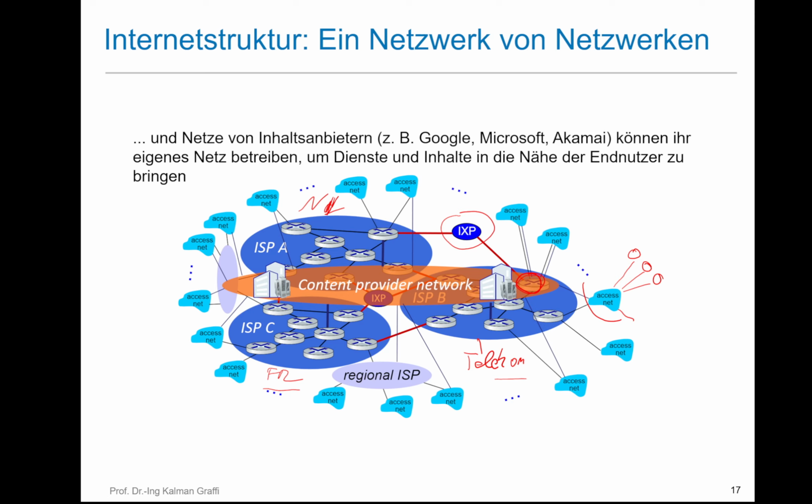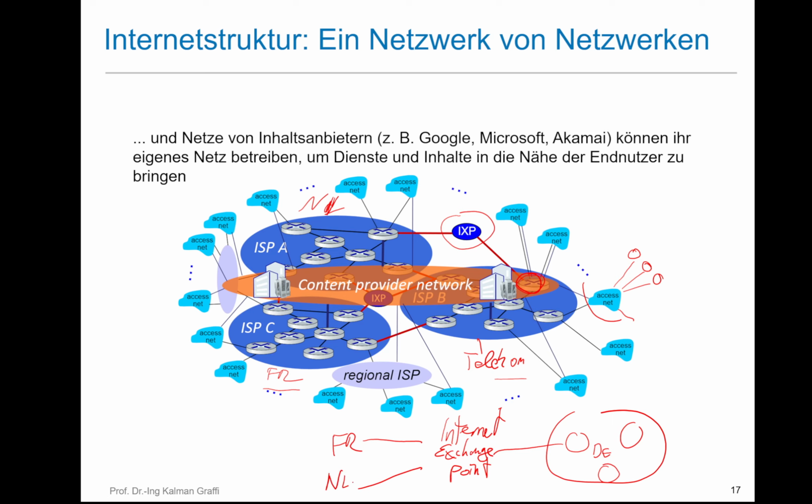What they typically do is, while they have their own networks and their own routers, so if this is Germany, they also have some kind of connection to a so-called internet exchange point. There's also France and Netherlands and whoever participates, having some kind of connection to this specific point.